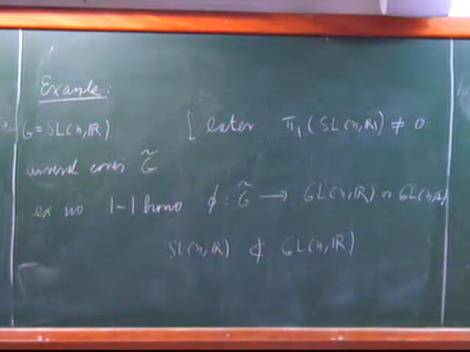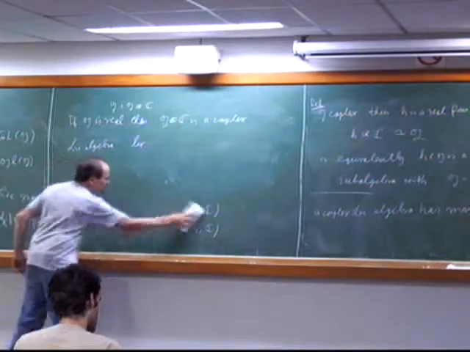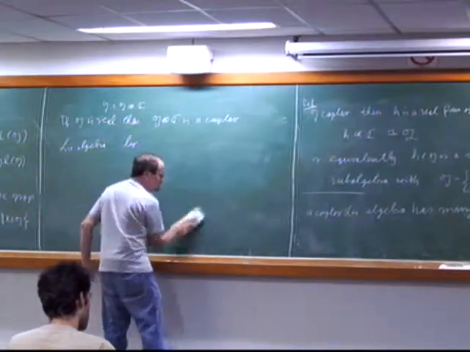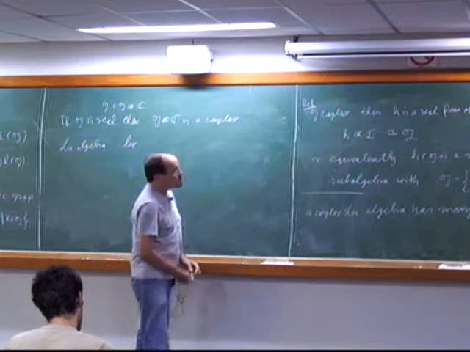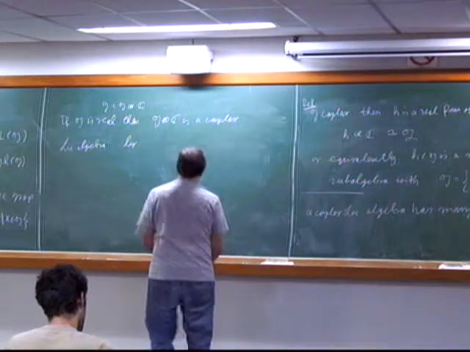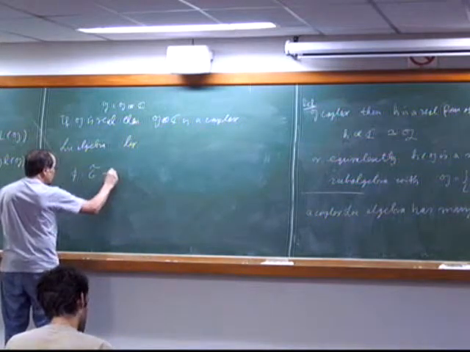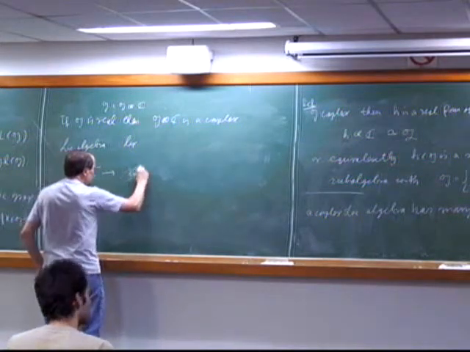And now let's use the concept of complexification to prove that. Okay, so I have my homomorphism phi from G tilde into GL(n,C).